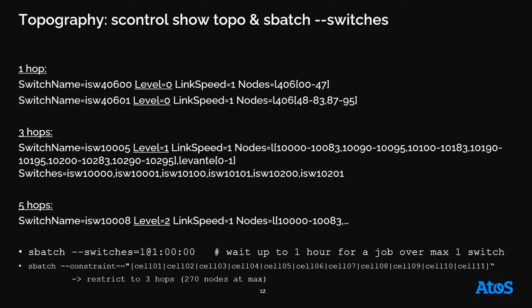That assures that there's at most 3 hops for your application. So if you know that your application is latency sensitive, then this is an interesting option. The idea is it will run in 1 cell, but it can run in any of these.